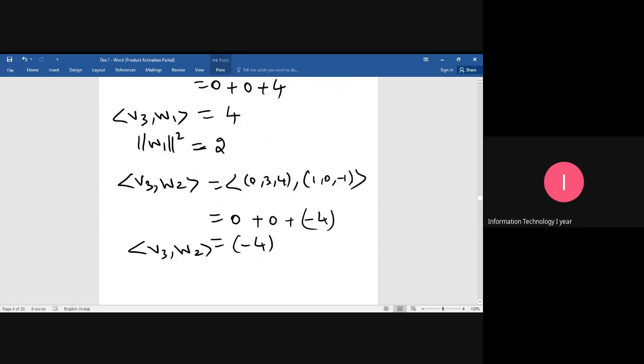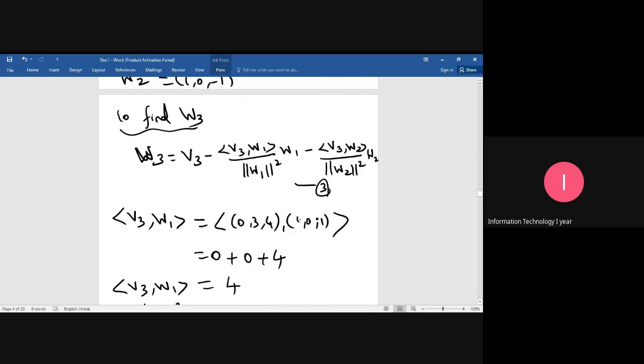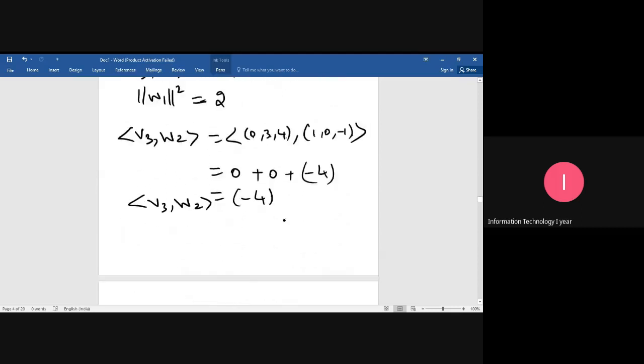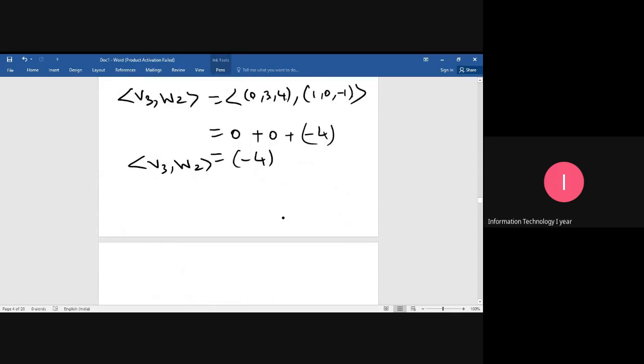We need the norm W2 square. So norm W2 square is actually the inner product of W2 comma W2. Actually the norm W2 formula we know, but it is squared, so the square root is removed.